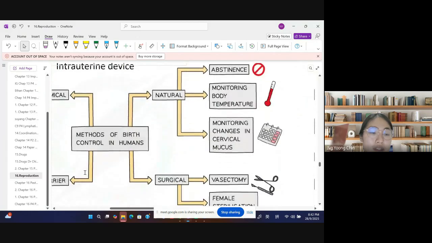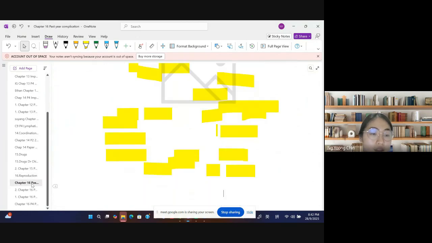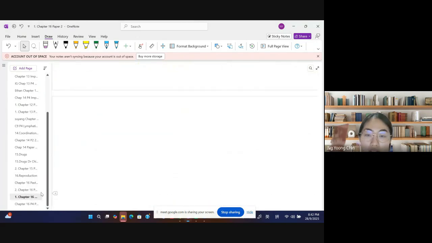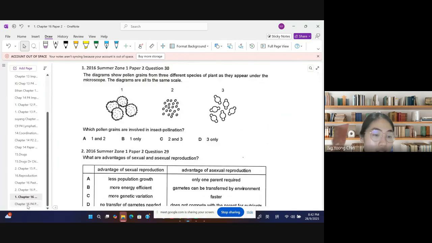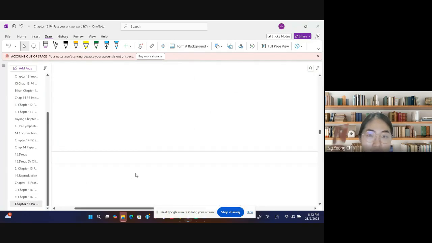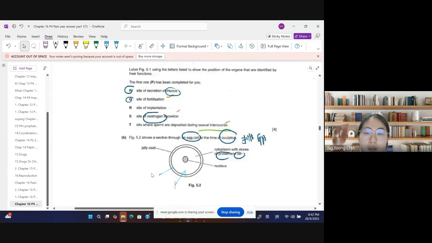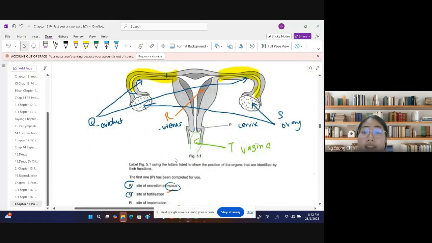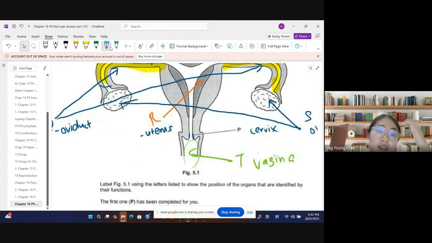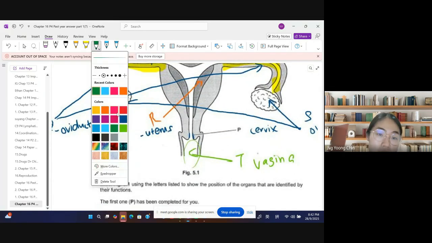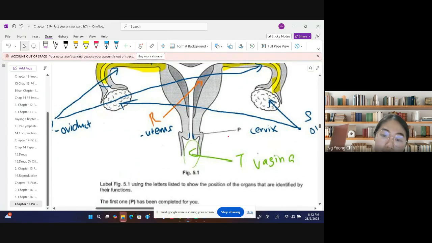Cervix is here, this part, in Chinese 宫颈. And the vagina is like this.